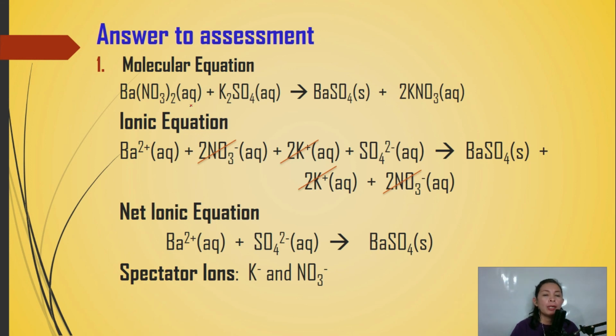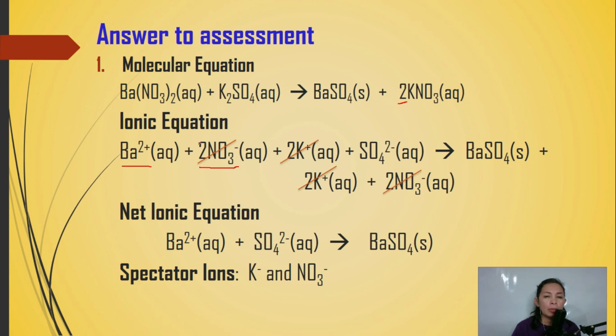Okay, for number 1, the molecular equation, we have barium nitrate plus potassium sulfate will result in barium sulfate and potassium nitrate. So to balance, we need to write here 2 that balances potassium and nitrate in the reactant side. And for the ionic equation, we have to ionize barium nitrate to barium ion and nitrate ion.